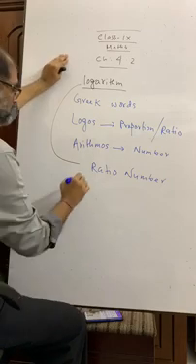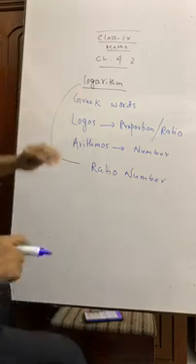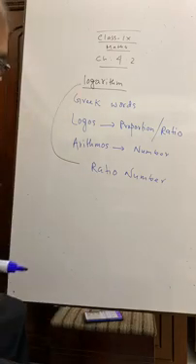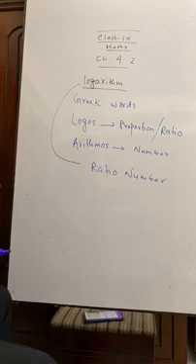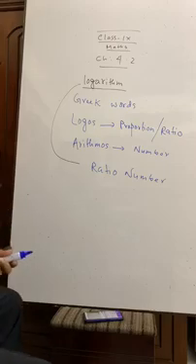The Scottish mathematician John Napier found this logarithm. It has two bases.